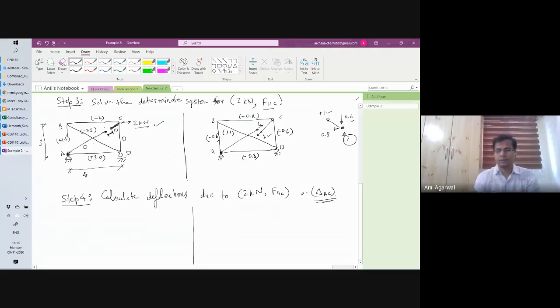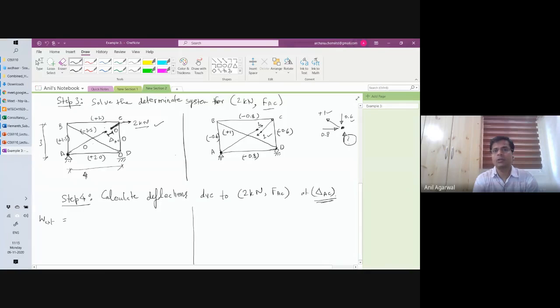Okay. So starting with external work, W external. I'm trying to calculate deflection delta AC because of 2 kilonewton external load. That will be what it basically means.